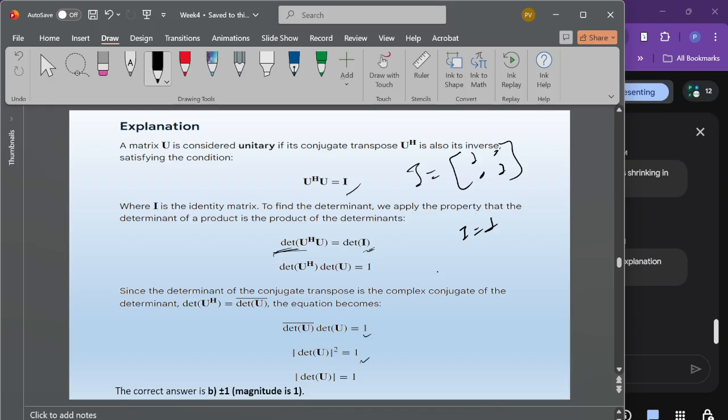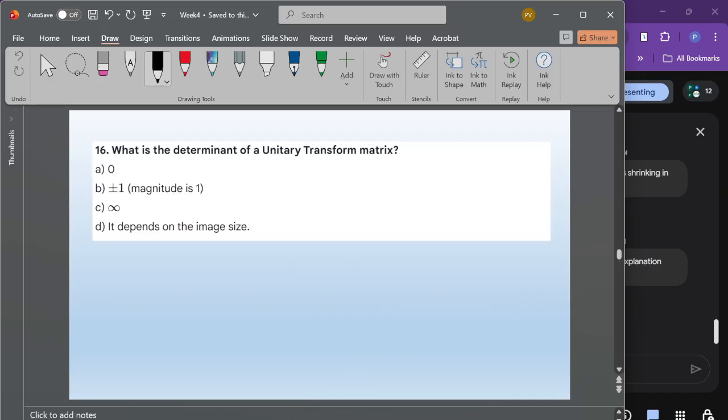Again if we take the square root, determinant of U will be the root of 1, so we can write plus or minus 1, right? So with the magnitude 1, the correct answer is plus minus 1 with magnitude 1. So option B is the correct answer for this question.